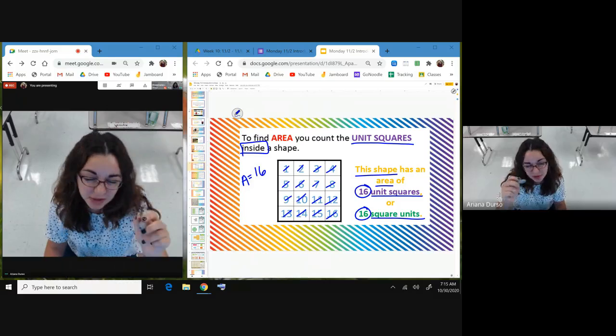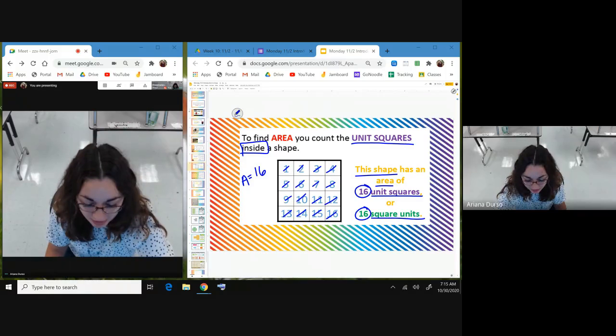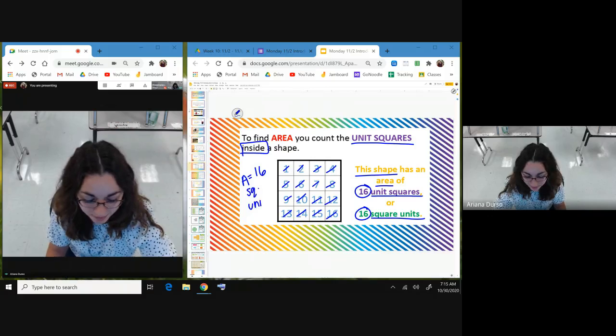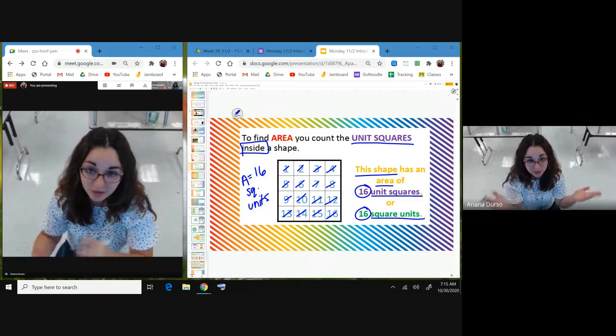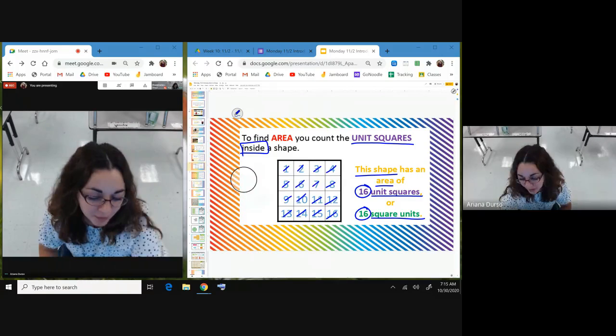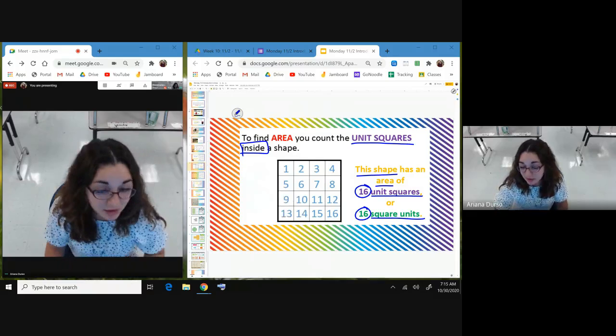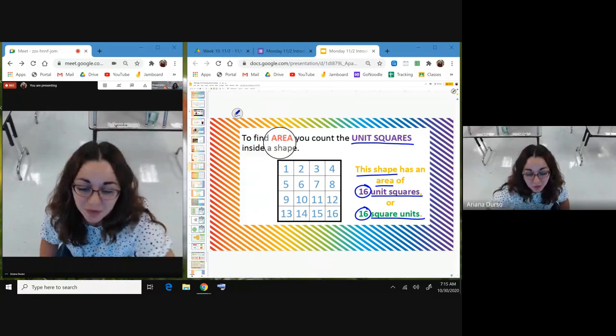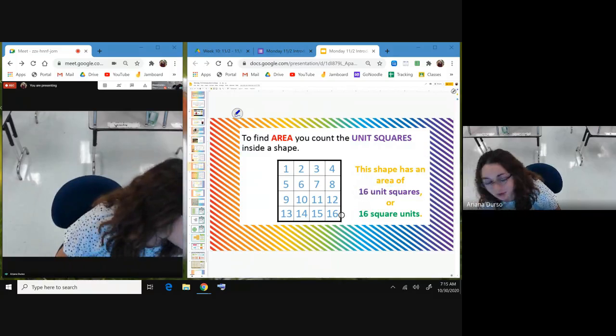And guess what? You can write it shorter: 16 square units. Pretty easy, right? Everybody knows how to count. One thing you'll notice as they were counting these, they wrote the numbers inside the squares. It makes it a little easier to keep track of.